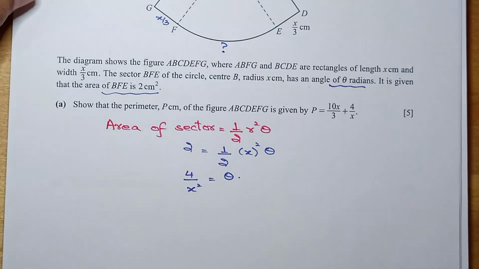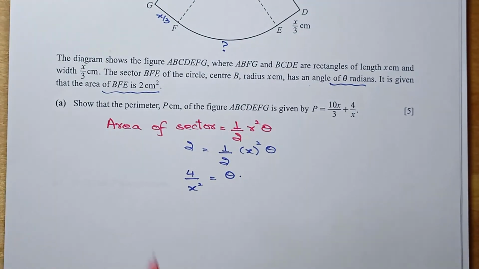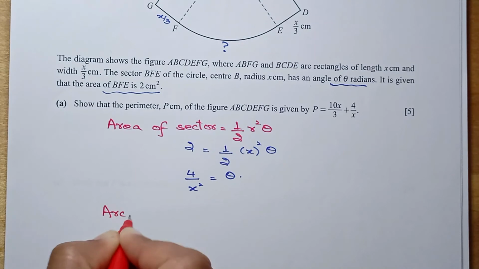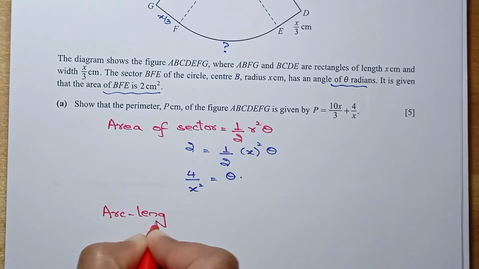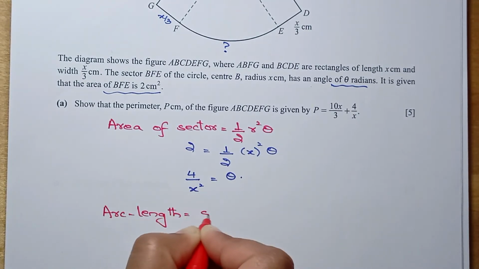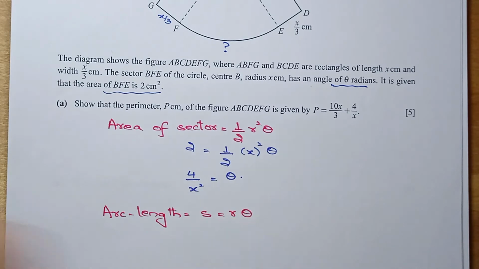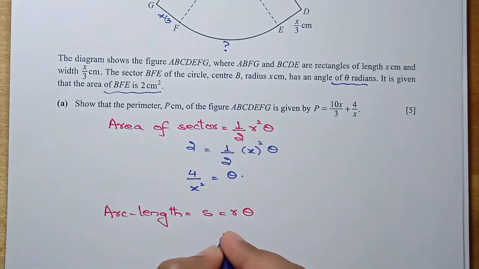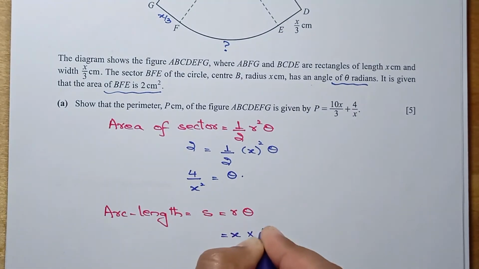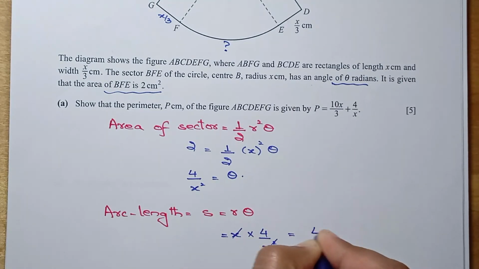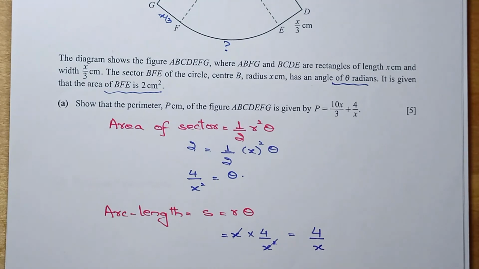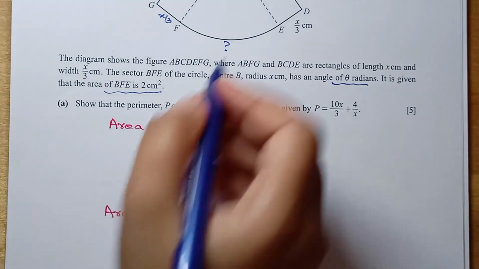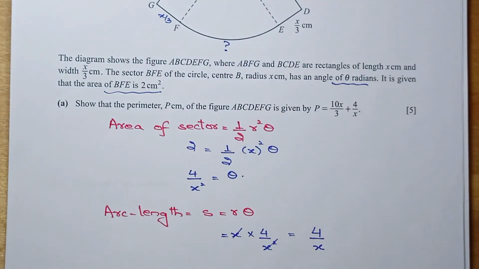Using the formula for arc length in terms of radians, s equals r theta, right? So the radius we know is x, and the theta we got is 4 by x squared. So we can cancel x with x, and we are left with 4 by x. So 4 by x is the arc length. This EF is 4 by x, right?